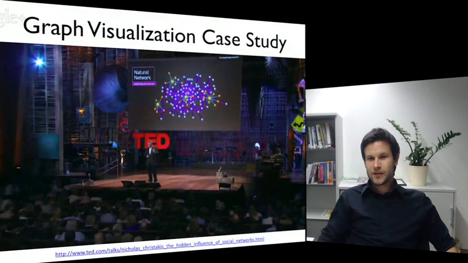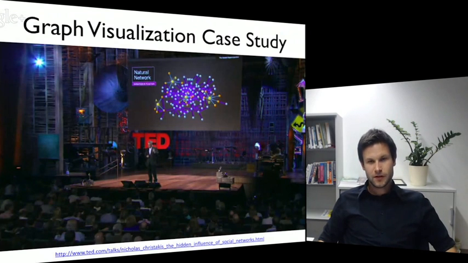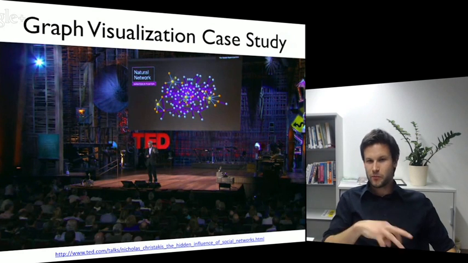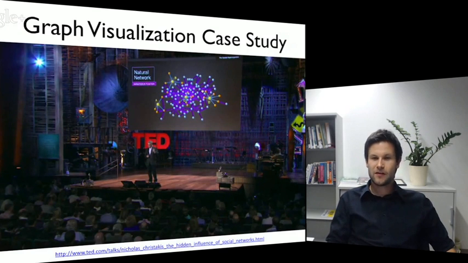Okay, if you want to see a full case study, then I can highly recommend the talk by Nicholas Christakis, who is also a professor at Yale, and he's talking about how a variety of traits, such as obesity or happiness, actually spread through a social network from person to person, which is a really interesting talk, and he's using graph visualization to convey his messages.